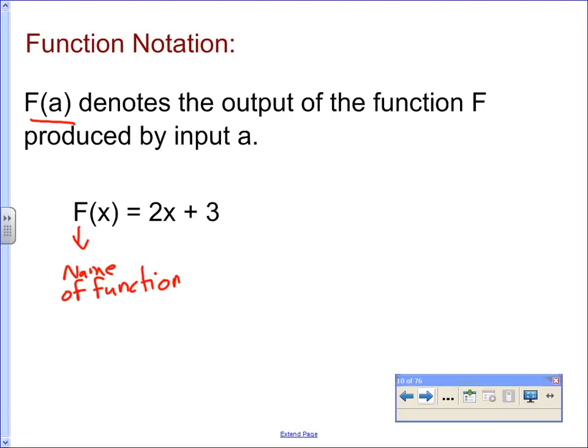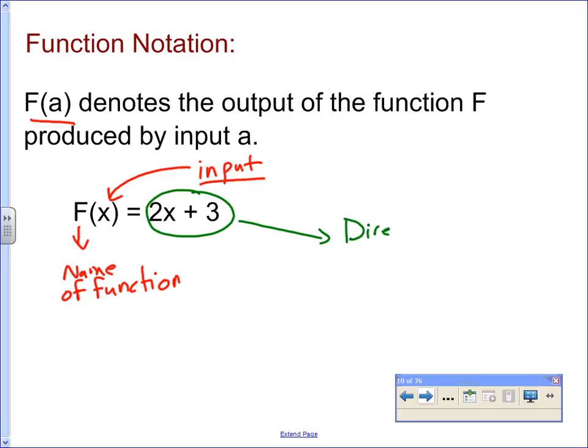And then we have our x here, which is our input value. That comes from your domain. And then we have all of this other stuff, this 2x plus 3, which involves your input, your x. But you can think of this as the directions that tell you what to do with the input x in order to acquire that output f of x.